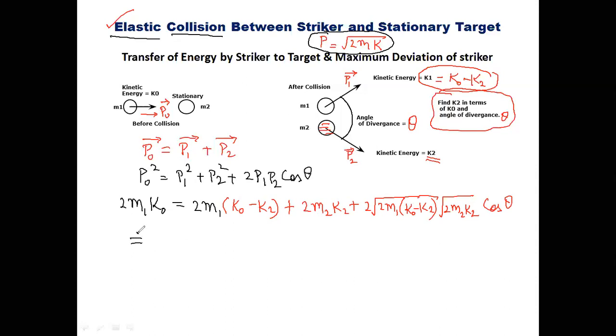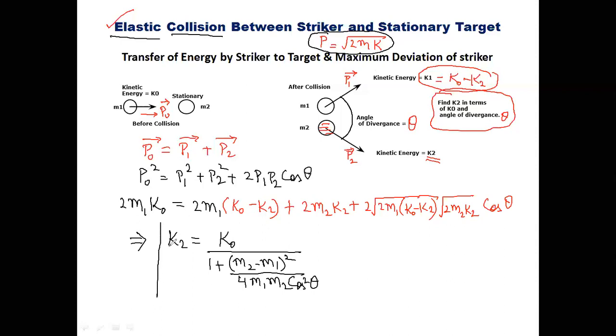After 2 or 3 mathematical steps, you can find out that k2 equals k0 divided by 1 plus (m2 minus m1) whole square divided by 4 m1 m2, and then cos square theta. So this was my target.